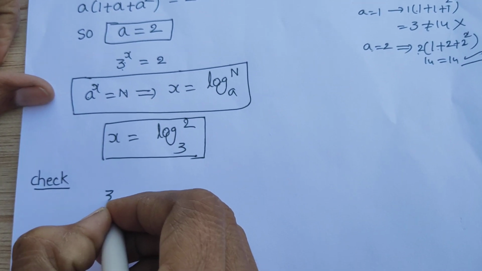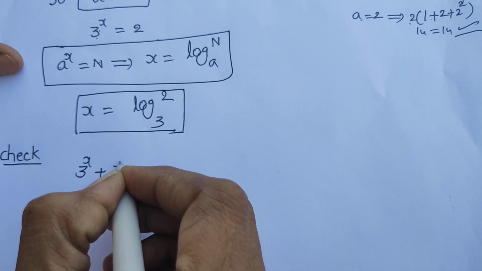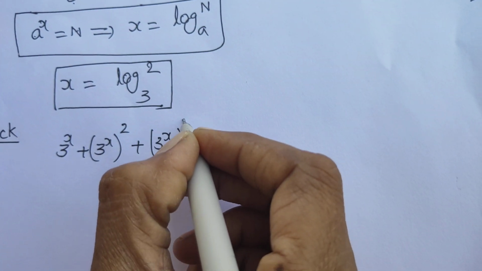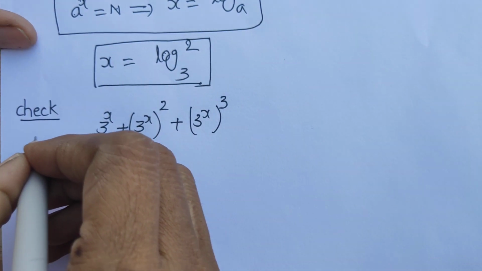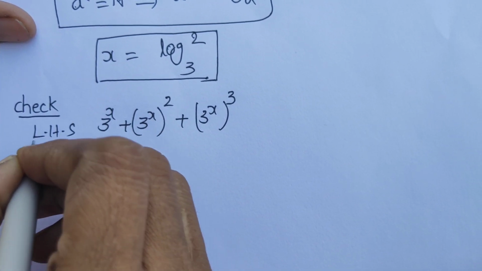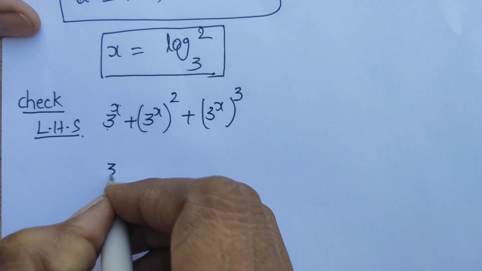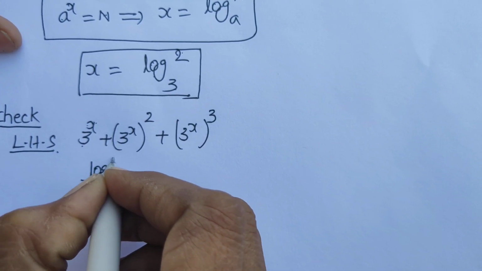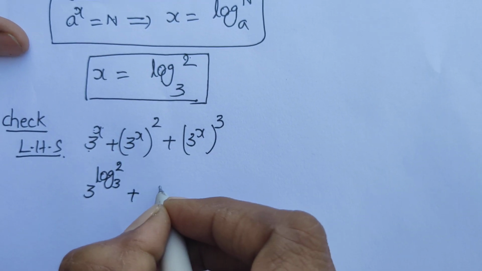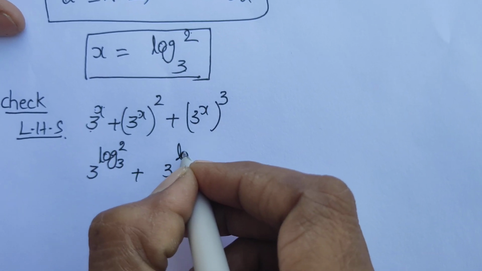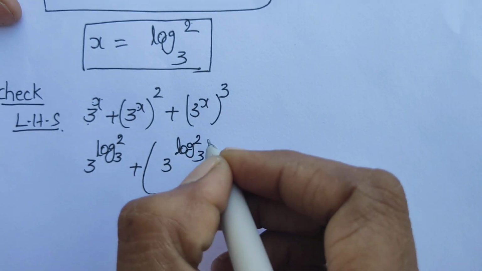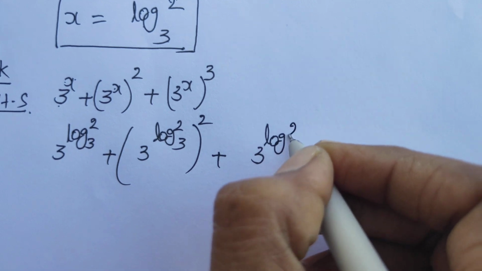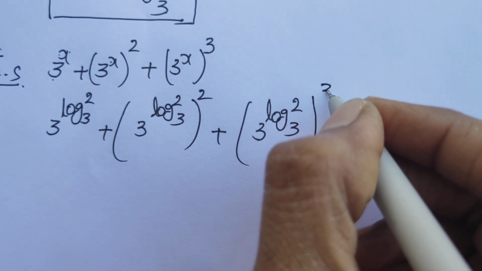Check: 3^x plus (3^x) whole square plus (3^x) whole cube. LHS: put x equal to log 2 base 3, so 3^(log 2 base 3) plus (3^(log 2 base 3)) whole square plus (3^(log 2 base 3)) whole cube.